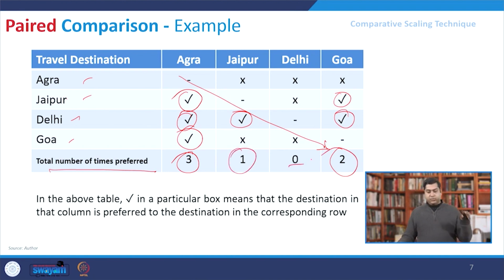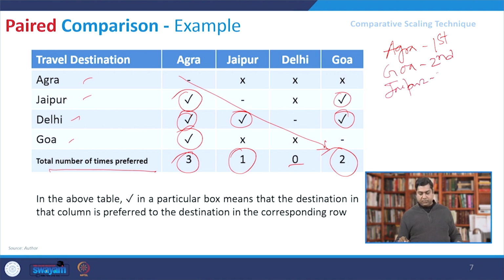If we try to order the preference of the users, definitely the most preferred is Agra, so I can give it the first rank, then next we have Goa, second rank, then Jaipur, third, and then last but not the least Delhi as the fourth, because nobody preferred this.